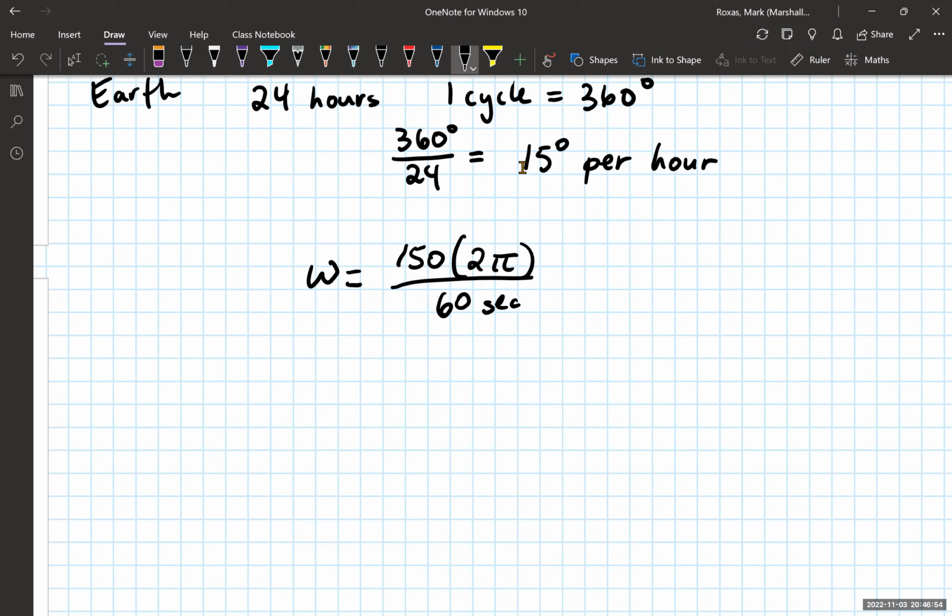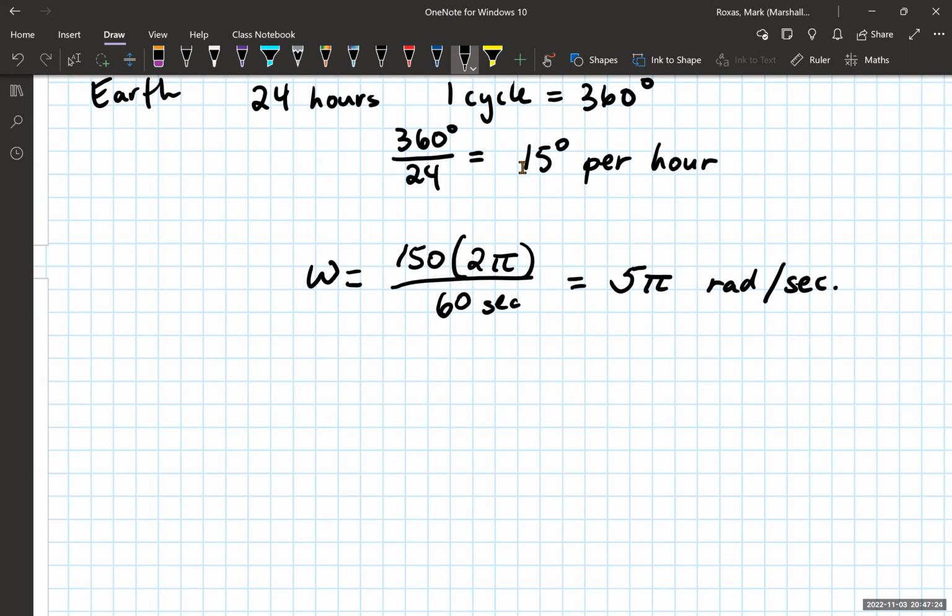The nice thing I like about radians is that I don't have to do any kind of special decimal answer. I can write everything in terms of pi. So 150 times 2 is 300, 300 divided by 60 is just 5, right? Now I can write my answer in terms of pi: 5 pi, and then my units are radians per second. Okay, 5 pi radians per second.